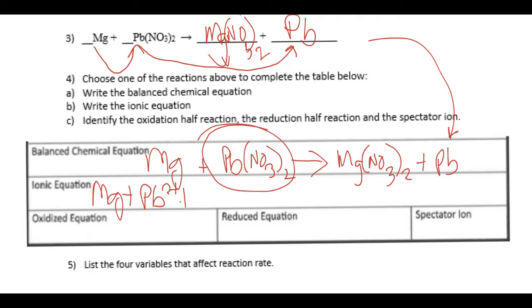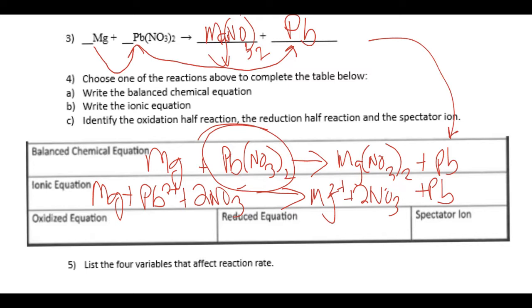And then you can, if you want, include your spectator ions. And I'll do the same, 2 plus. And I have my 2NO3 minus. Notice it's ionic equation, so I better have some ions in there. And that's Pb.